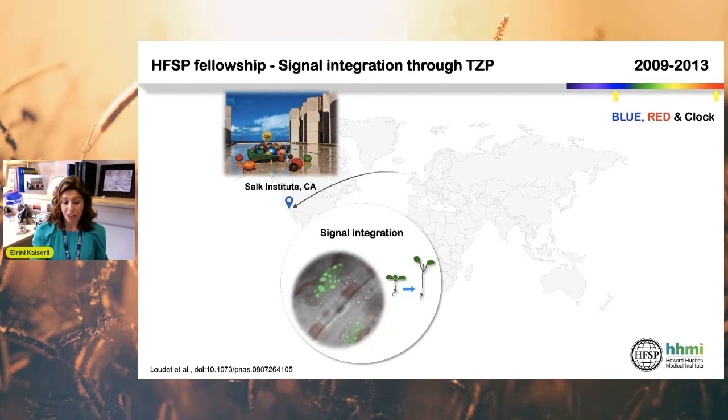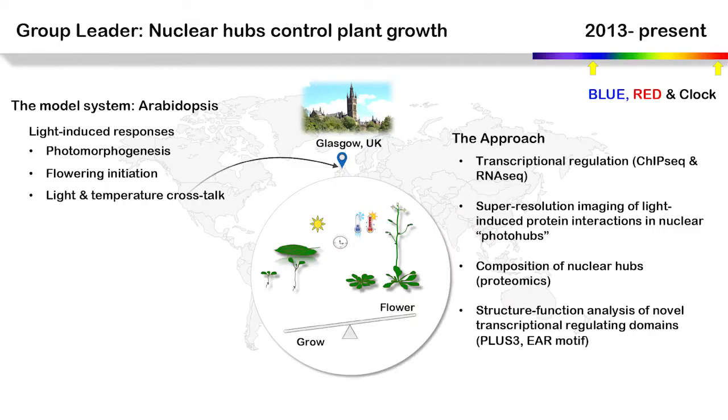I was fortunate enough to be allowed to take part of my project to start my own lab at Glasgow. The model system we use is Arabidopsis. We study light-induced responses, so photomorphogenesis, flowering initiation, and also crosstalk between different wavelengths and with temperature. We use a specific protein as an example of controlling these responses.